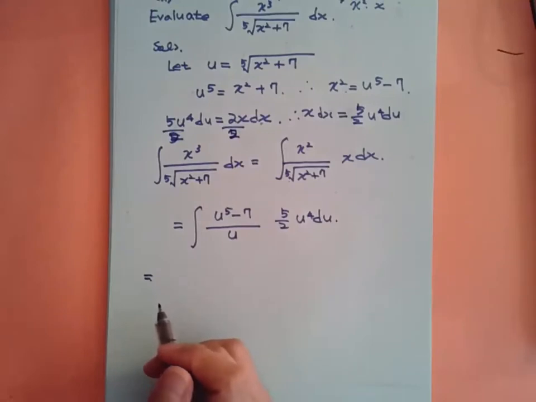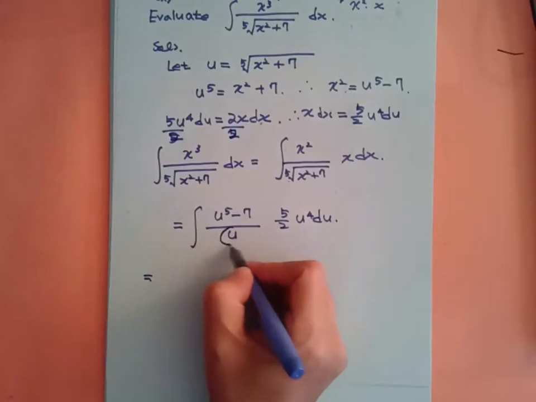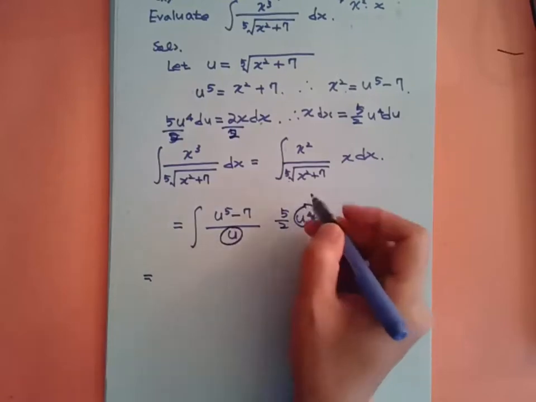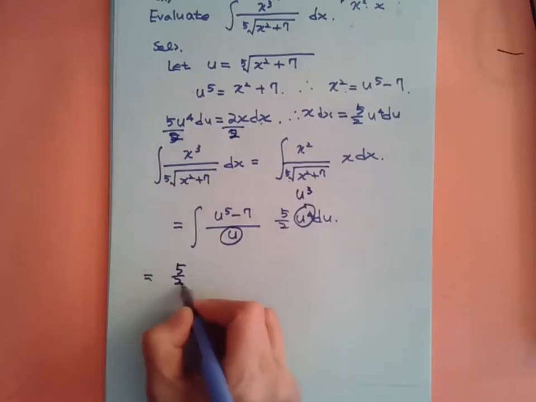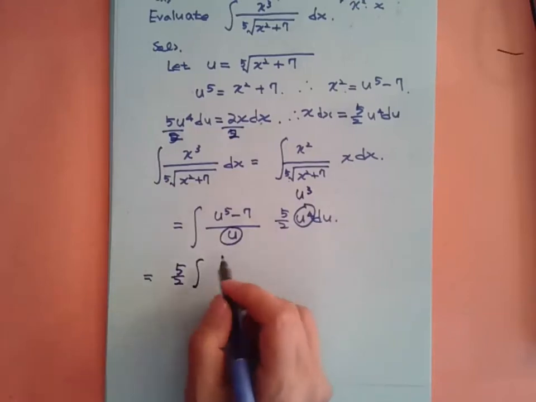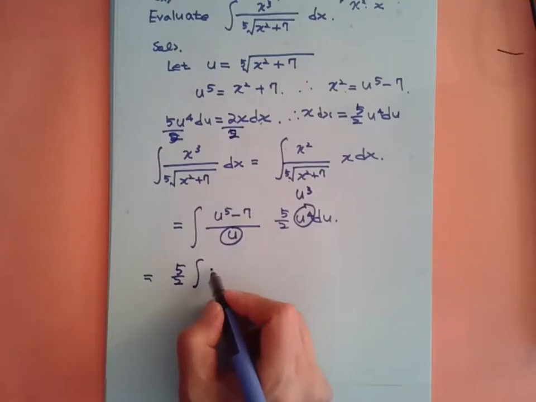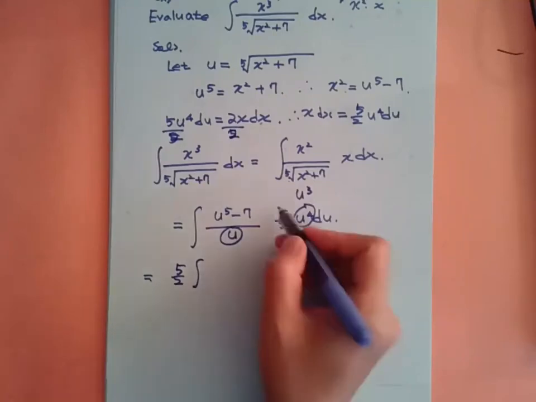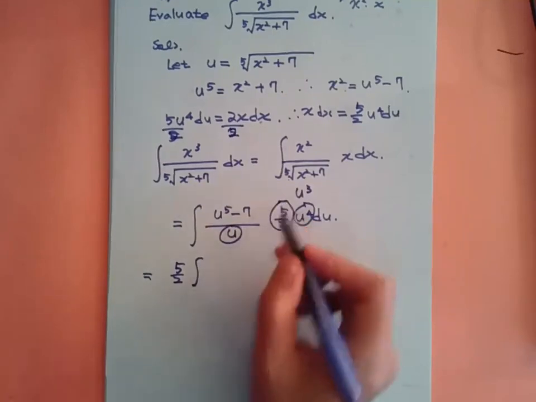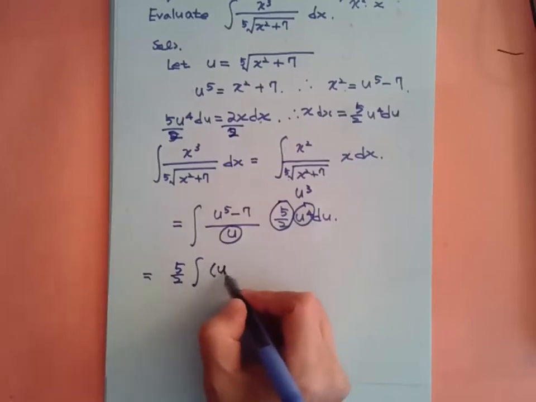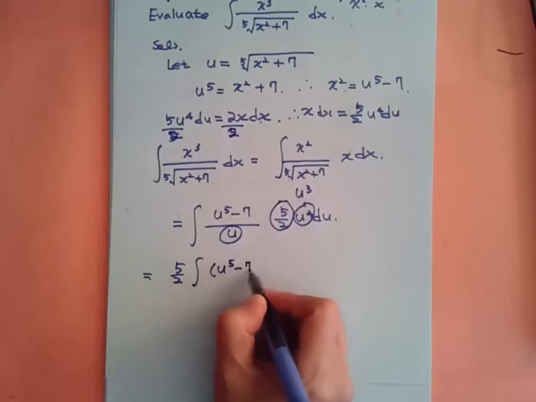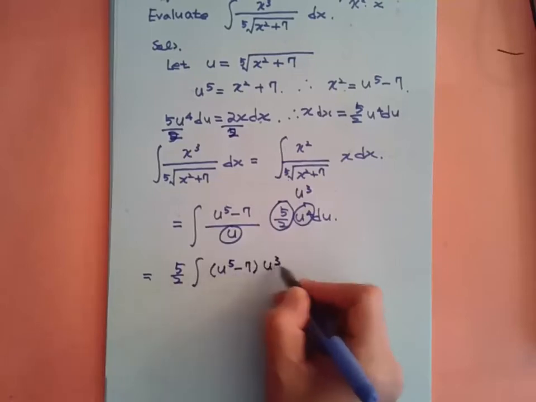So we think about this one and this one, and then u cubed. So 5/2 integration. Let me just write down. So 5/2 was the number here, and I put the number here. And then we have u to the 5th power minus 7 times u cubed du.